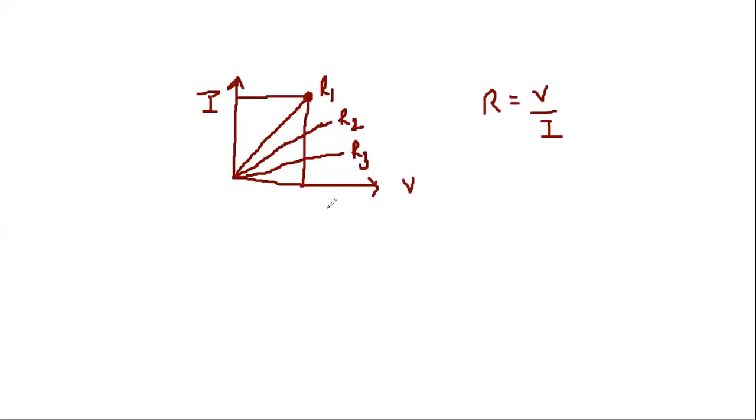For the second part, the value of current is this, the value of voltage is this, and for the third part, the value of current is this, the value of voltage is this.